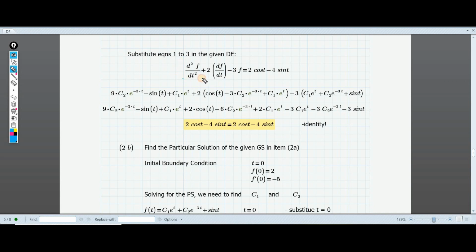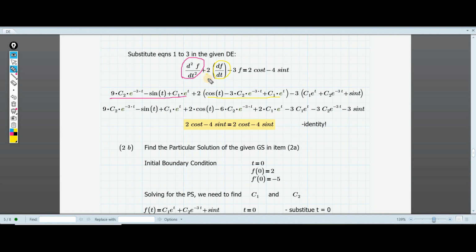Ito yung differential equation natin. Okay. So, now, the value of our second derivative kanina, ito yung sagot natin sa second derivative. And then, yung first derivative natin, ito df over dt, ito siya.